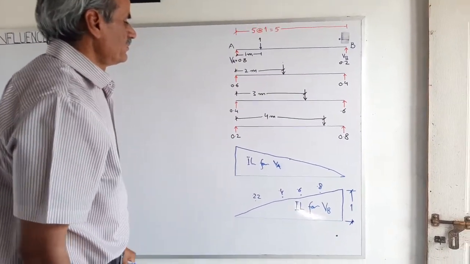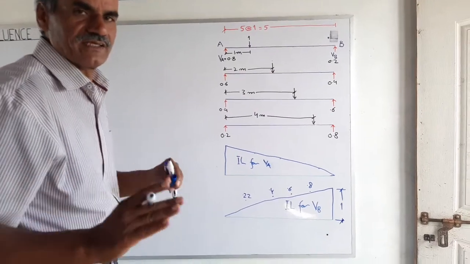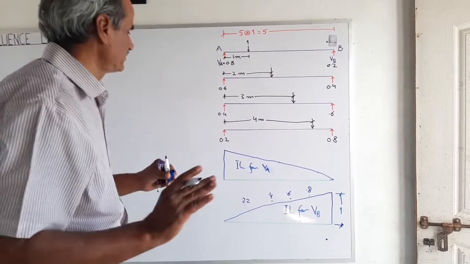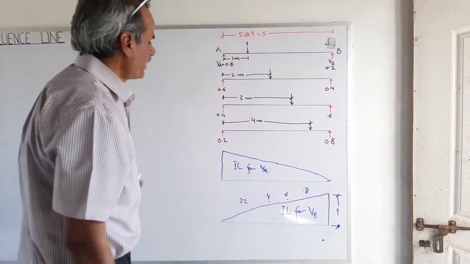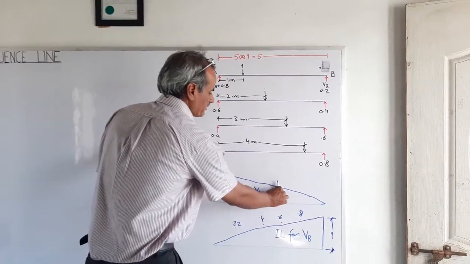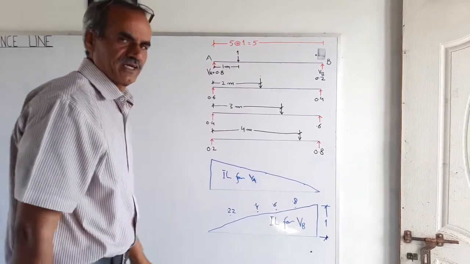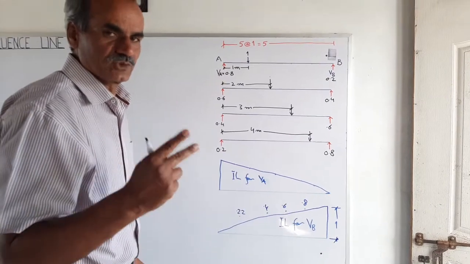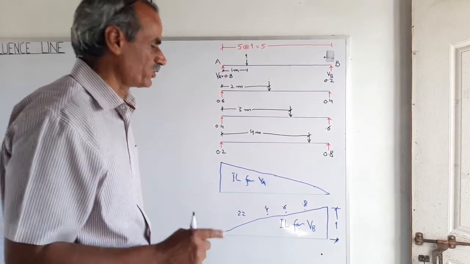Hence, you must now have realized, based on our previous knowledge, that any ordinate of the influence line is showing us two things. First, the location of the load.